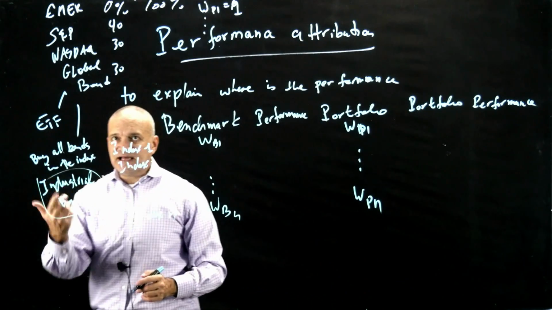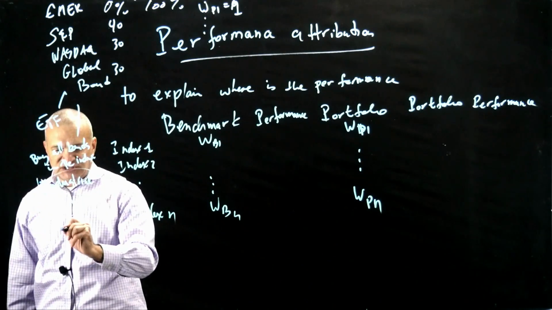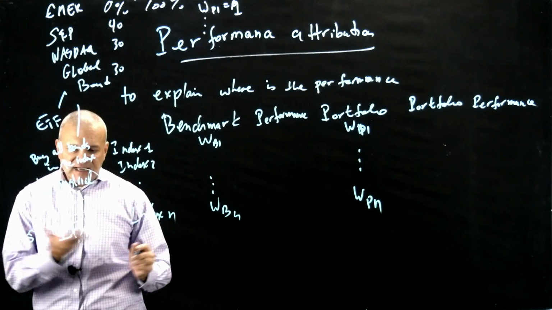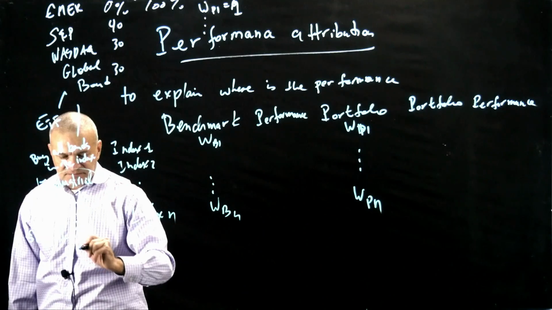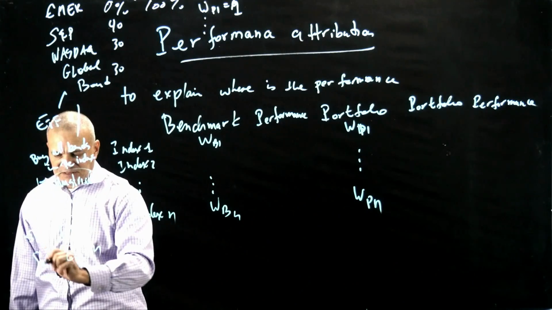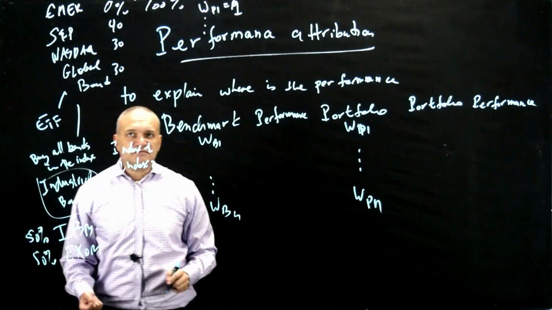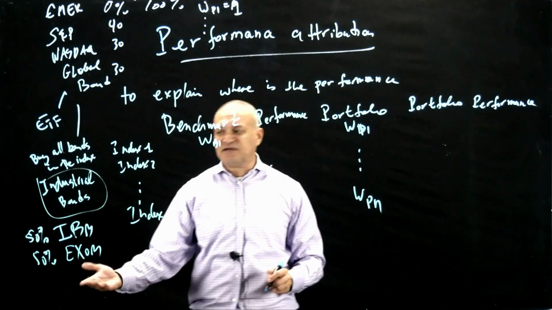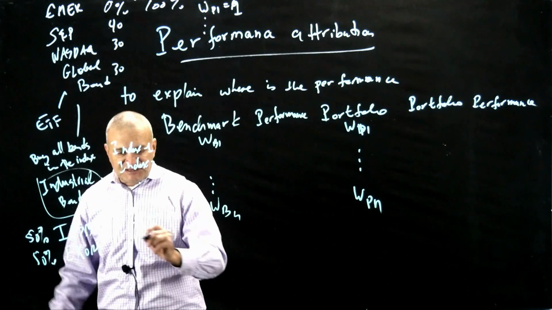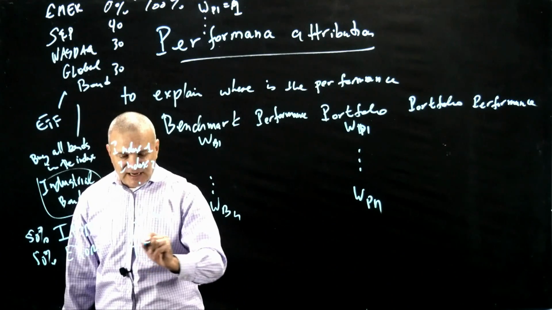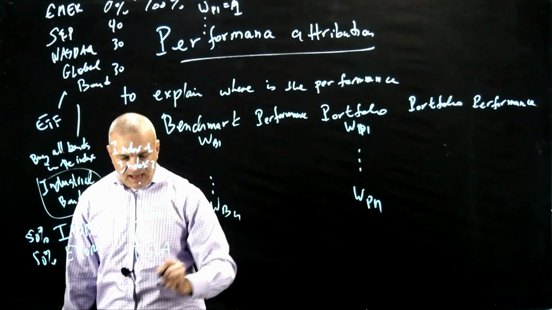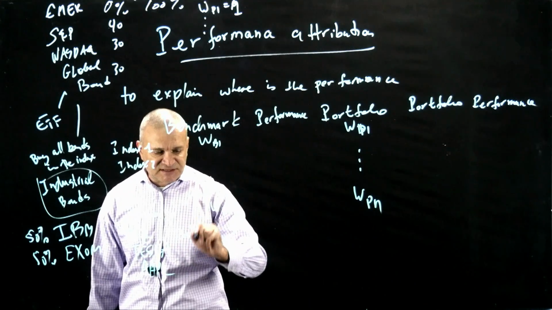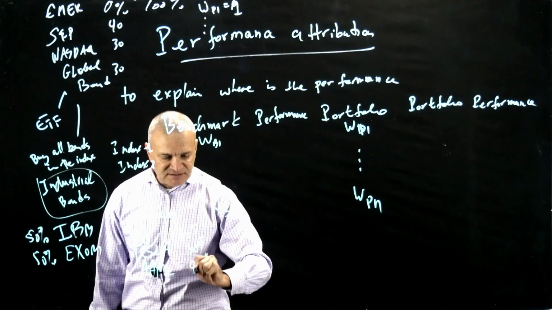For example, let's say the industrial bonds have only two positions, IBM 50% and ExxonMobil 50%. But then again, this is your benchmark, but these are not the only bonds which are industrial. For example, let's say that Verizon, Tesla, and Apple are also industrial from the point of view of bonds, and you invest 30%, 30%, 40%.